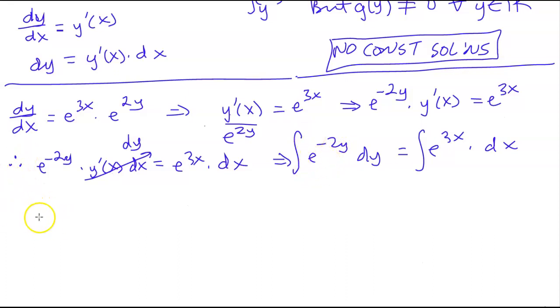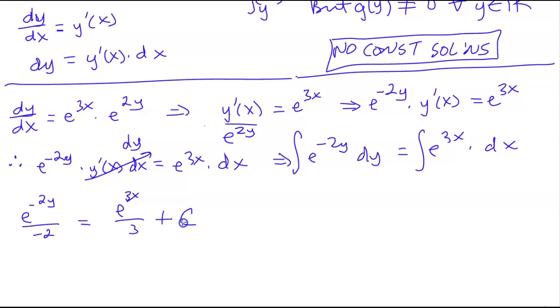So when we do that, we're just going to have e raised to the negative 2y divided by 2 on the left-hand side, and we'll have e raised to the 3x divided by 3 on the right-hand side. And of course, both of these sides actually have integration constants, but I'm just going to write one here to represent both.